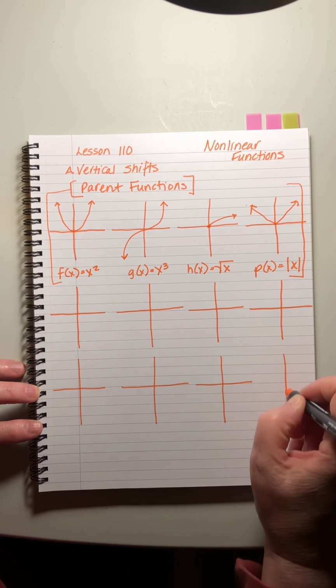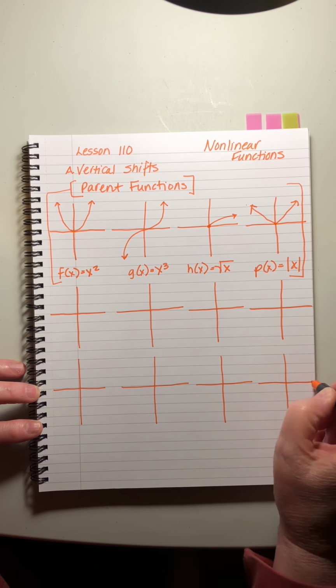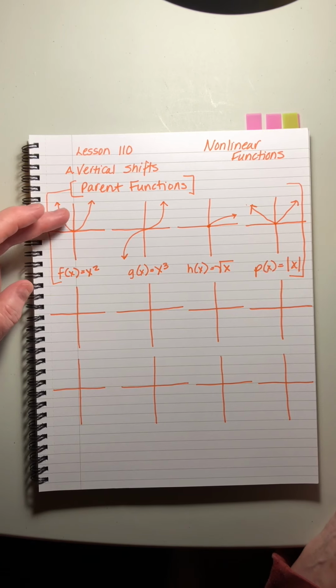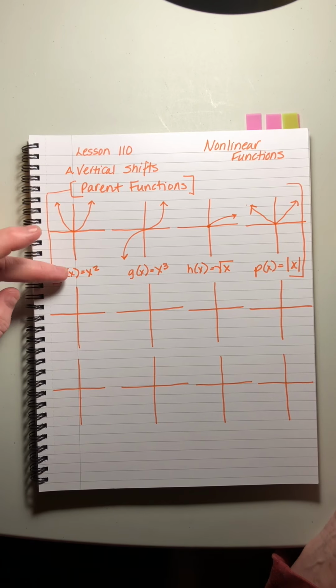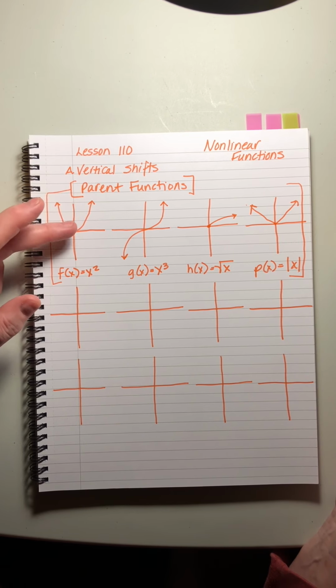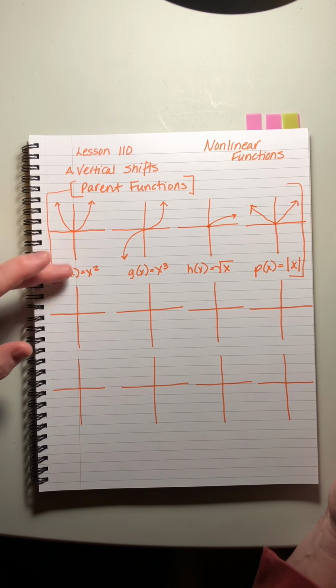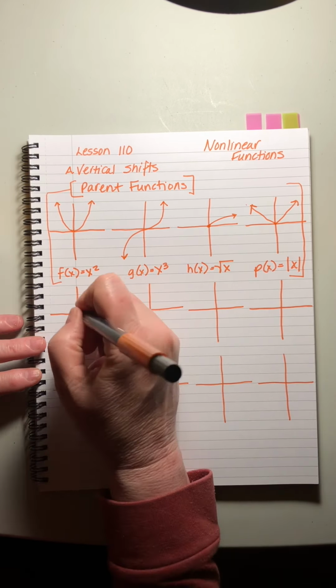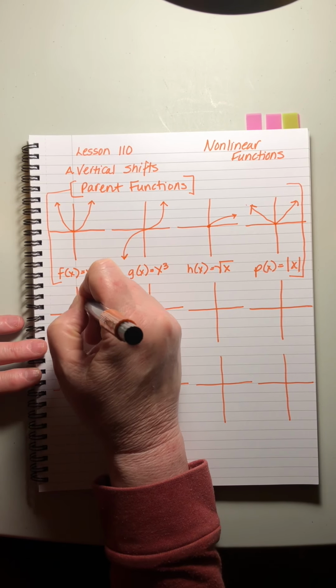Because we're going to talk about 2 different kinds of vertical shifts. What we're going to do is we're going to see how do you change the equation to make this shift up? How do you change the equation to make this shift down? So let's do this. Let's shift it up first.